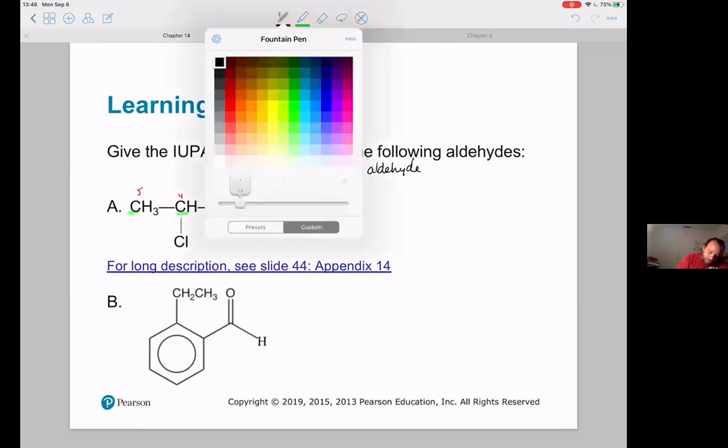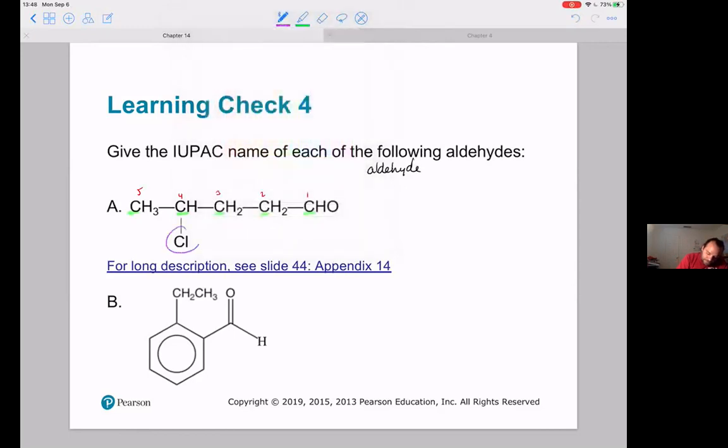And specifically, I have a chlorine located at carbon 4. So this would be 4-chloropentanal. Again, I don't have to say 1-pentanal because it's an aldehyde. It's always going to be on carbon 1.